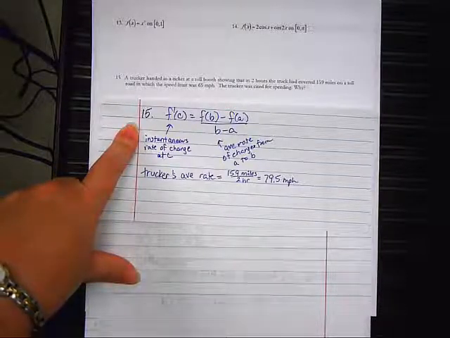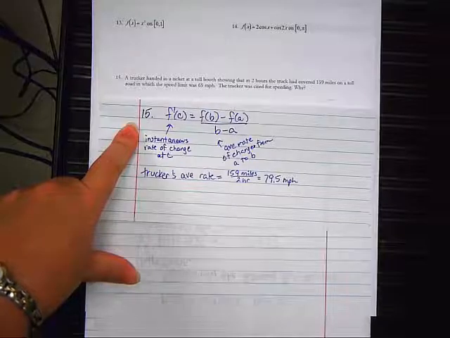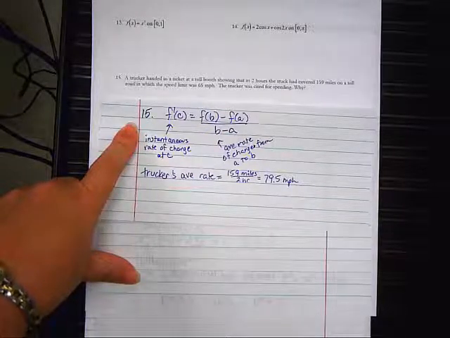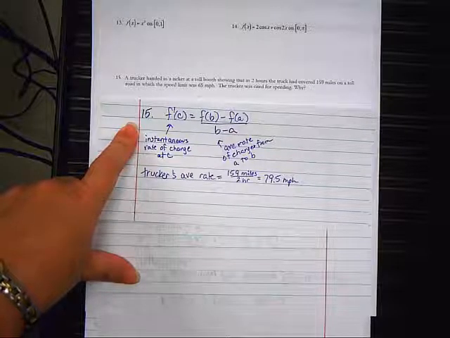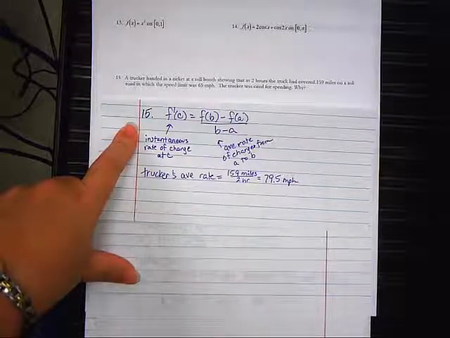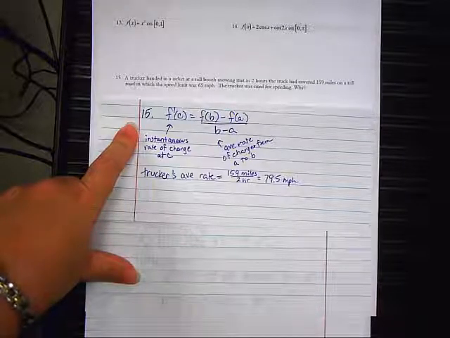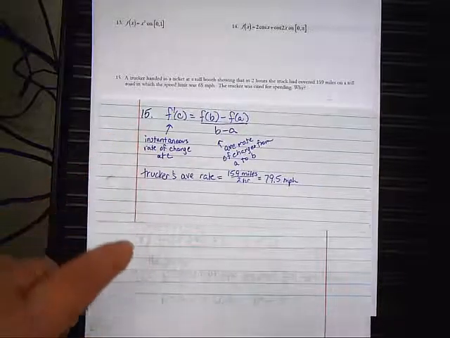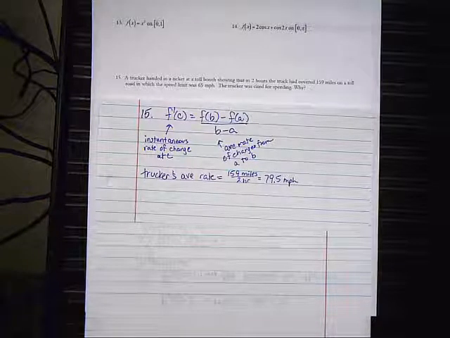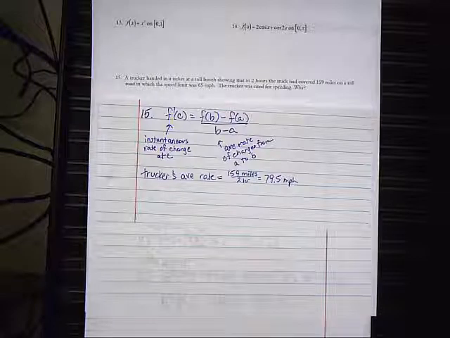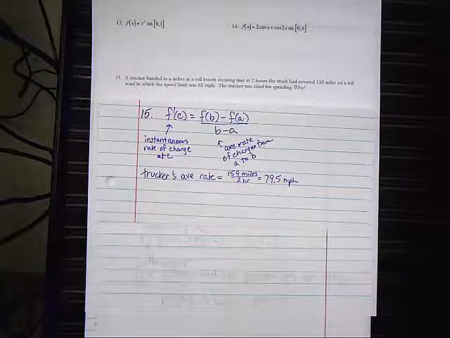He had to have been going at least that fast at least one moment in time, according to the mean value theorem. Now, how many of you can see that in your head already? You can see the fact that he had to have gone over 65 miles an hour at least once in there. Are you seeing that or not? If his average speed was 80 and the speed limit is 65, he definitely sped sometime. It's kind of a logical thing if you think about it.